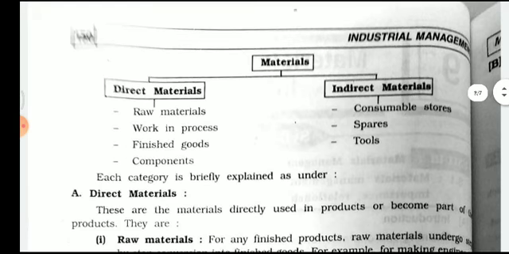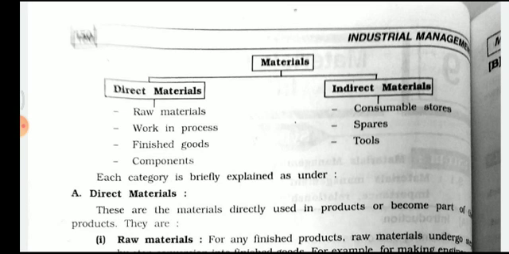Materials are classified into mainly two types, direct and indirect. So which are the direct and which are the indirect materials? Direct materials are those without which it is not possible to start the work or the process.